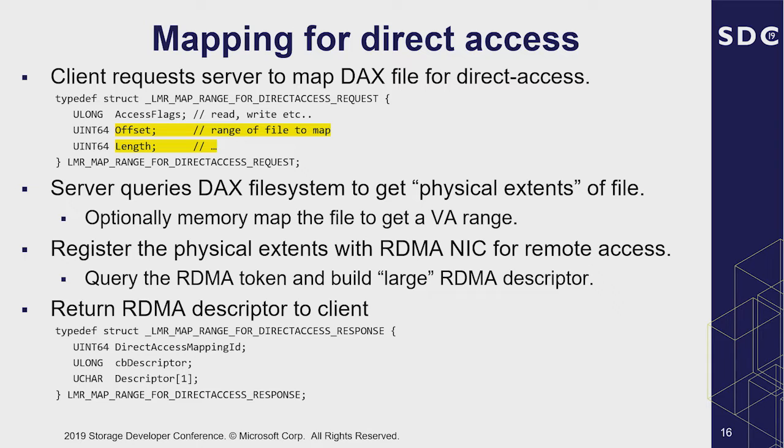I qualified it as a large RDMA descriptor because the existing protocol definition for an RDMA descriptor only works up to 4 gigs, because the length field in there is only 32 bits. So if you want to go beyond 4 GB, you need a large descriptor format. And then the server sends back the descriptor to the client.